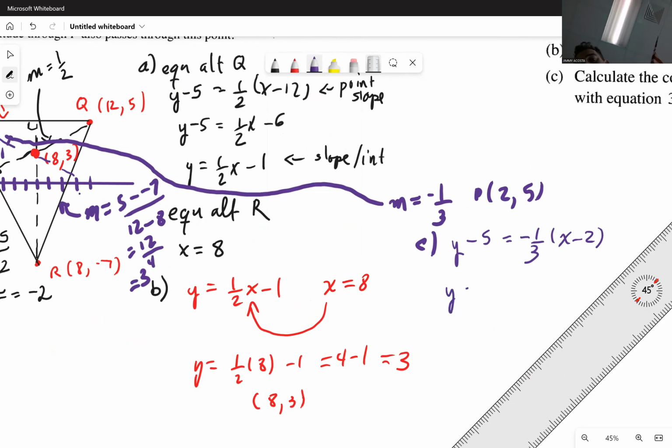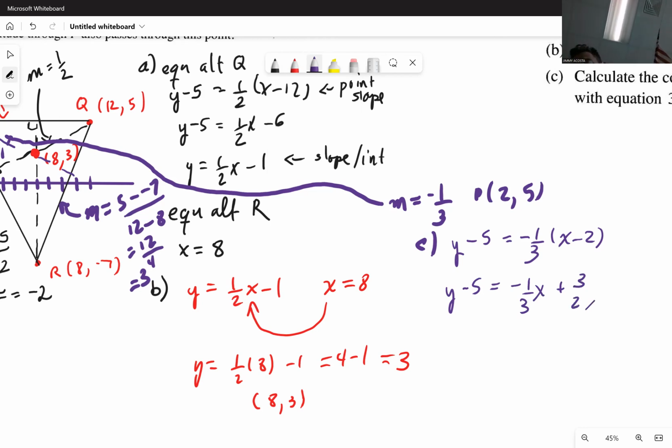So that's y minus 5 equals -1/3 x plus 3/2. I don't like that number, but it is what it is. Let's see what happens. And so now you have to go y equals -1/3 x plus 3/2 plus 5. So what is 3/2 plus 5? Because that looks ugly.